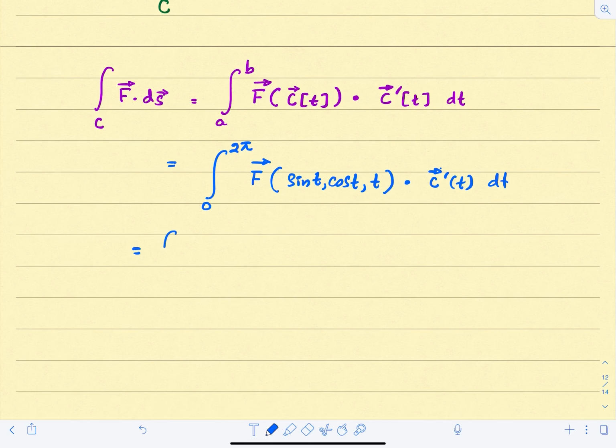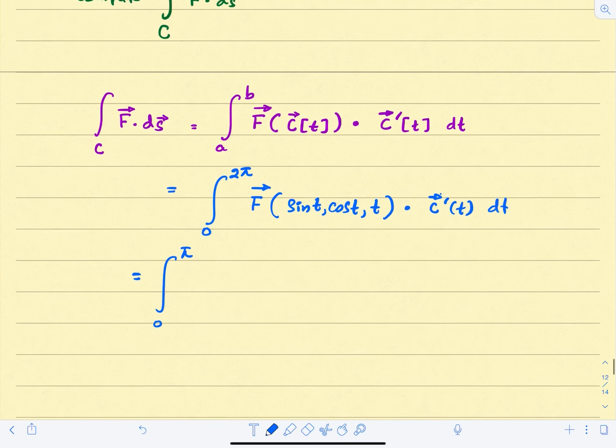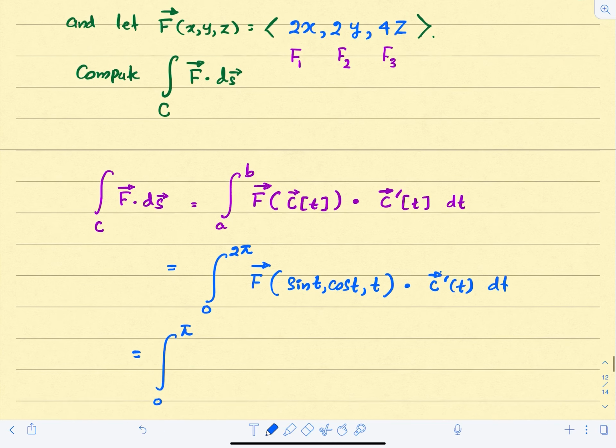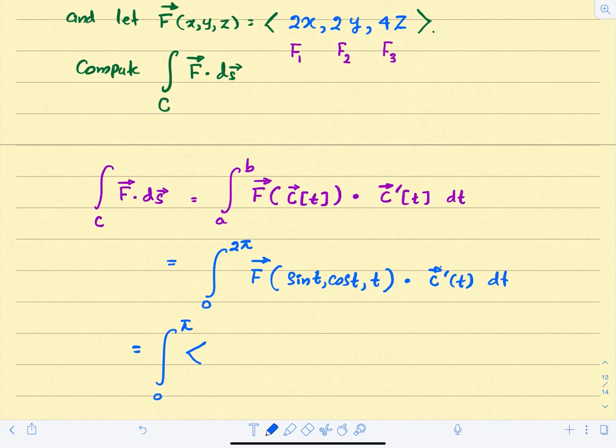Now my vector field f equals 2x comma 2y comma 4z. So this becomes, x coordinate is sine t, so we have 2 sine of t, comma 2 times y coordinate which is cosine t, and comma 4 times z coordinate which is t.